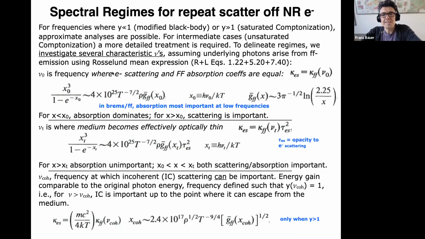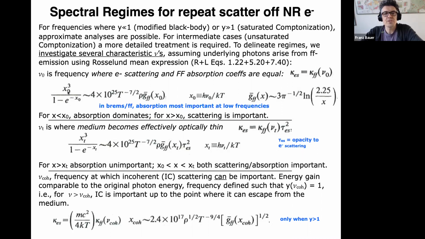In this case, we can define a frequency nu as the point where electron scattering and free-free absorption are equal. Basically, above this frequency, scattering will be dominant, and below this frequency, absorption will be dominant. At this frequency, we can equate the absorption coefficients, which are now given as kappa as opposed to alpha.